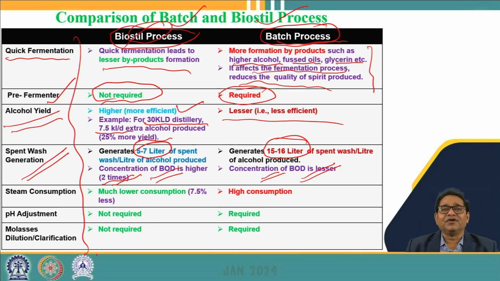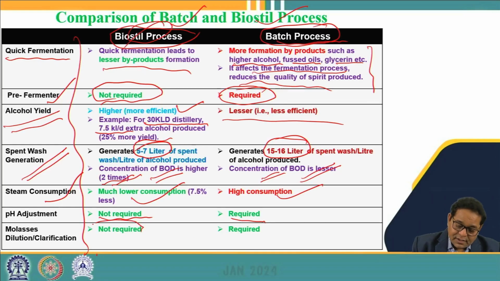Similarly, steam consumption is one of the requirements of the process, as steam is generated and used for the heating system. The biostill process requires around 7.5% less steam compared to the batch process. Similarly, pH adjustment is not required in the biostill process, whereas in the batch process we have to add acid to bring the pH down to 4 to 4.5.